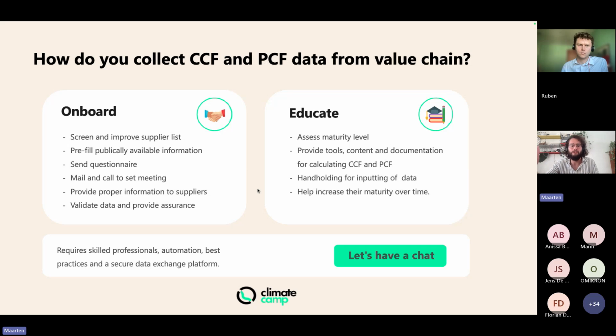And sustainability professionals are already over-questioned for doing a lot of different tasks. They have a lot of responsibilities. So it's not always easy to do this manual follow-up of retrieving the CCF and PCF data. So if you're interested in exploring how you can collect it from your value chain, please reach out to us. We'd love to talk to you.